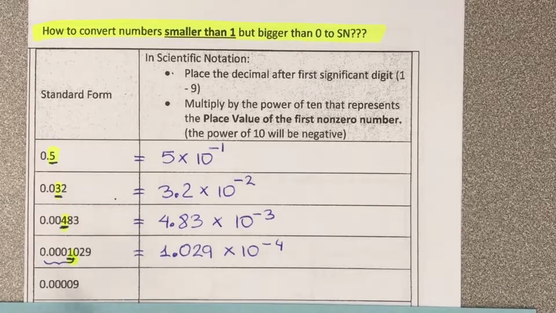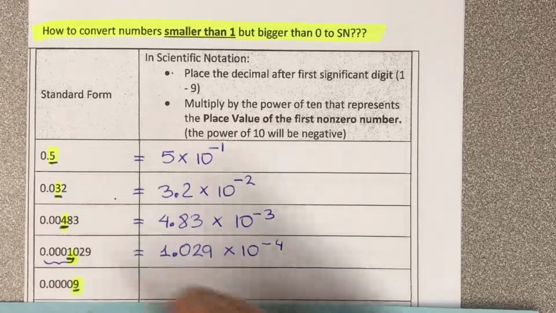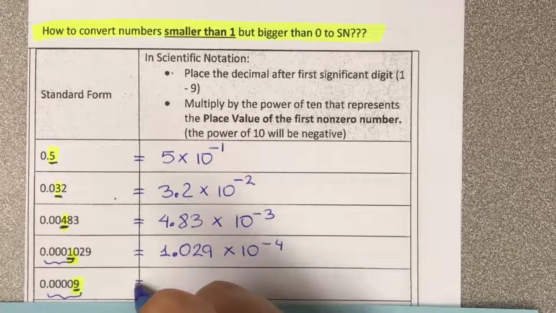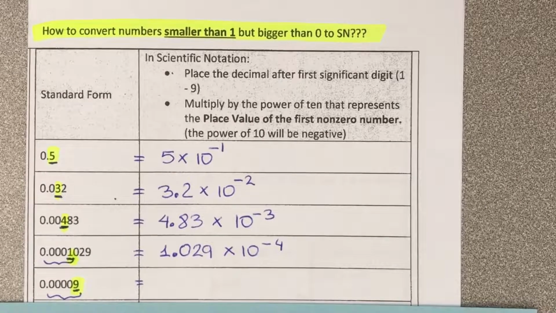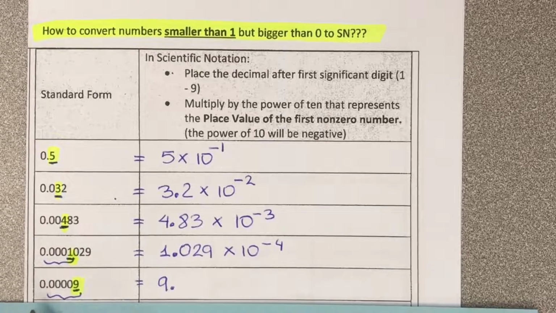Let's see the pattern here. 0.00009, and in this number 9 is in the fifth place behind the decimal. So this number of digits is going to be the power of 10, negative. So we place the decimal after 9 because the decimal goes after the first significant digit, and 9 is the first non-zero. So the decimal goes behind 9. You can say 9 or 9.0 or just 9.